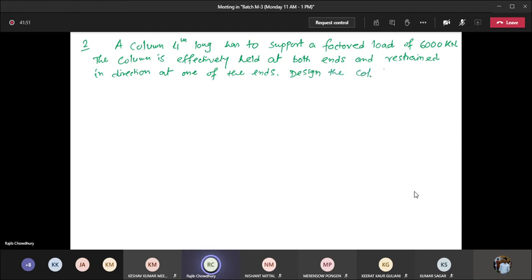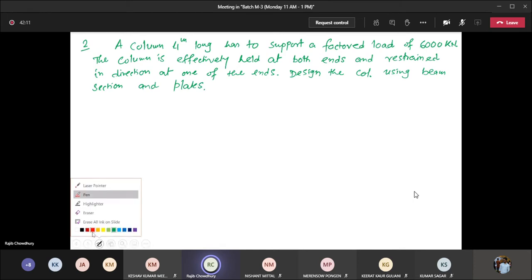Design the column using beam section and plates. Here one thing please remember, it says using beam section and plates.